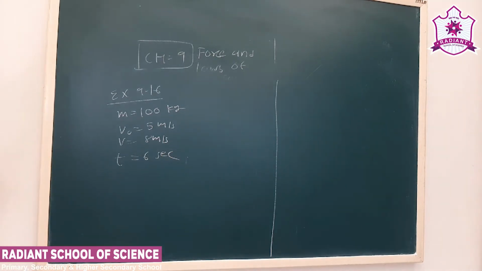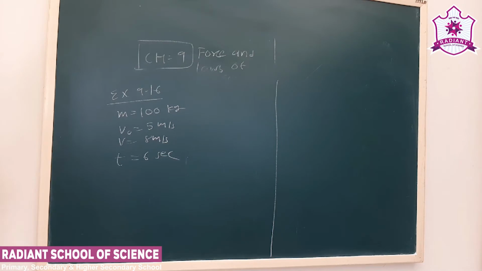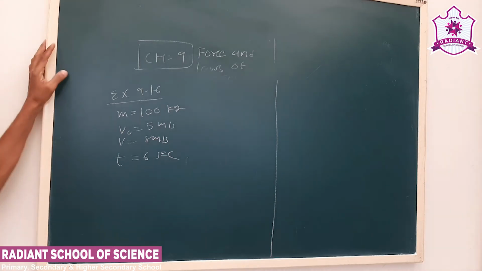Mass is 100 kg, initial velocity is 5, final velocity is 8, attained in 6 seconds. What are the initial and final momentum and the force exerted?